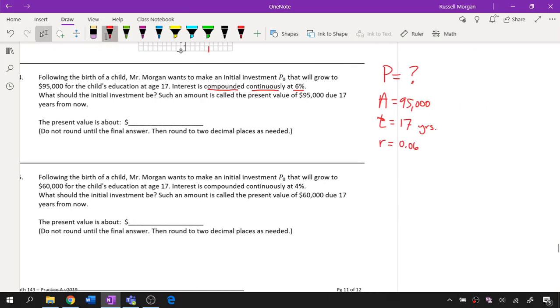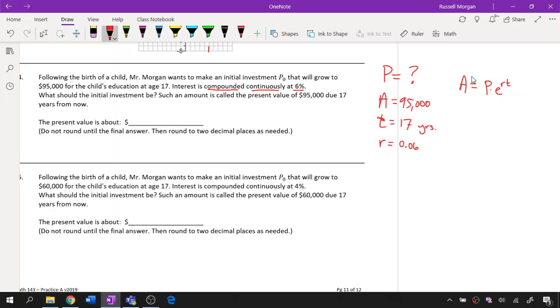Here is what that formula is. If you remember, our amount is going to equal P times e to the rt, with e being the natural number e, 2.718281 and so on.